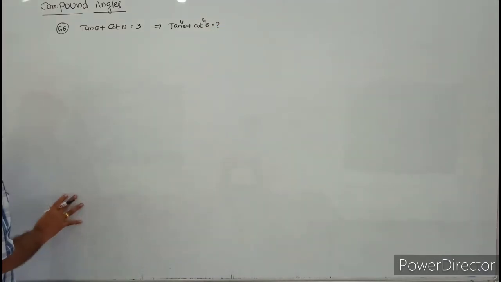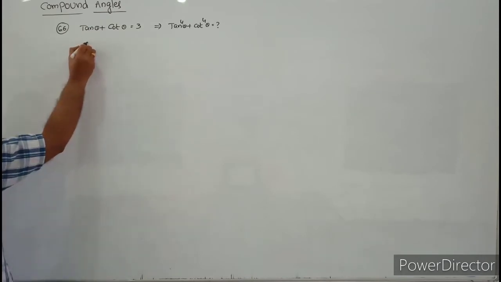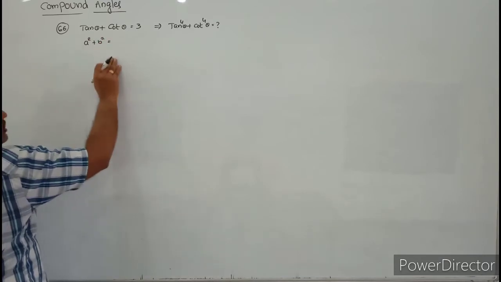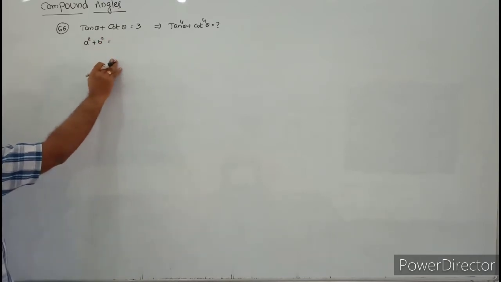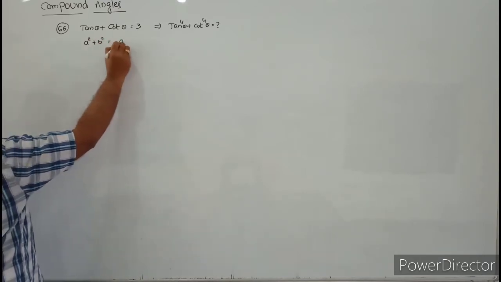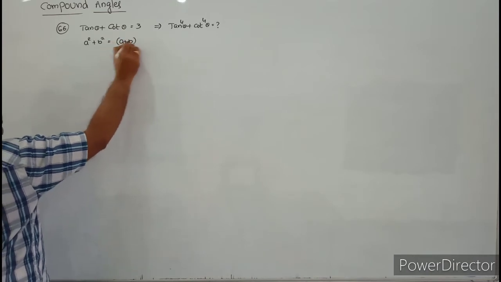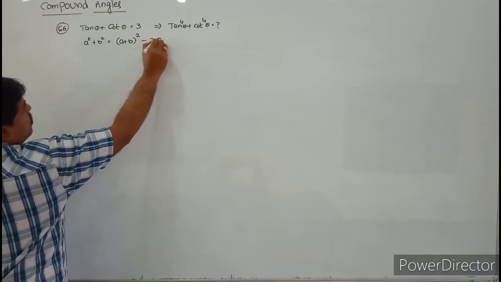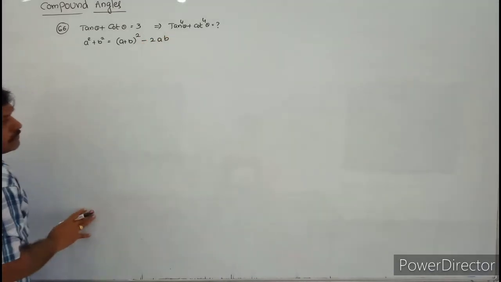What is the formula you are going to use? A square plus B square can be written as A plus B whole square minus 2AB.